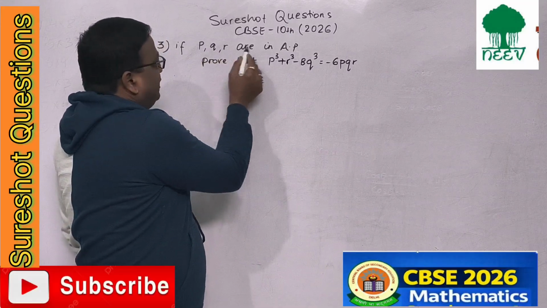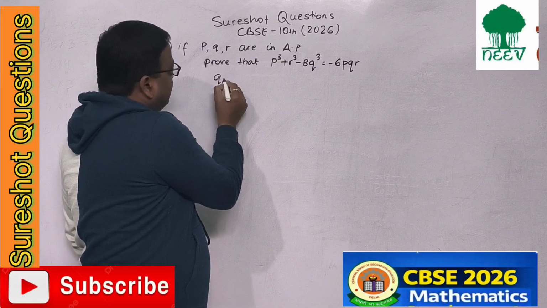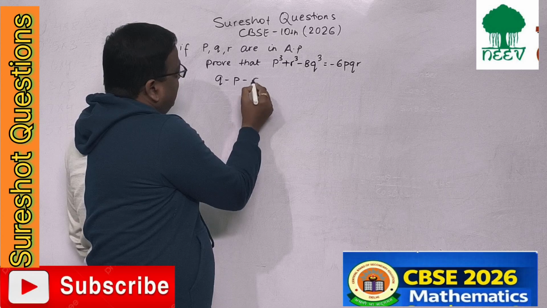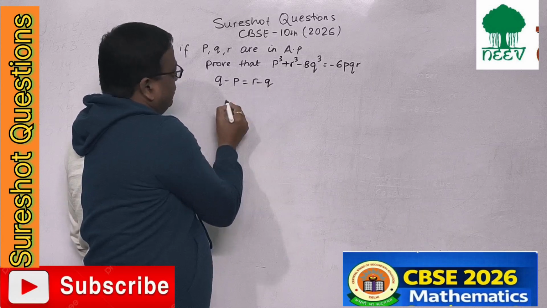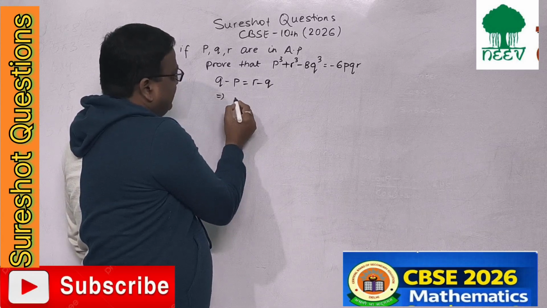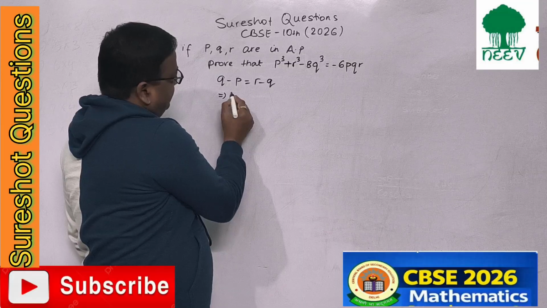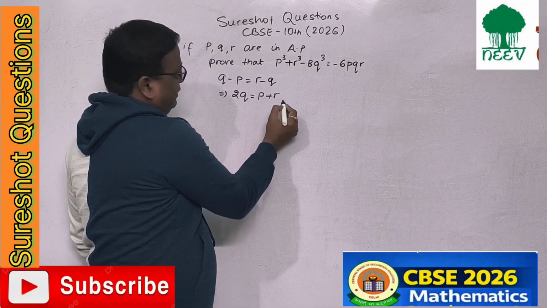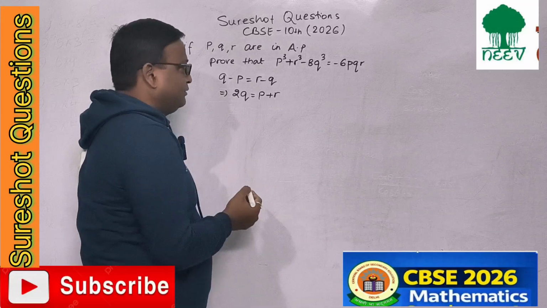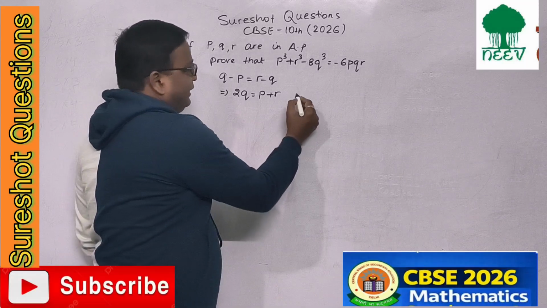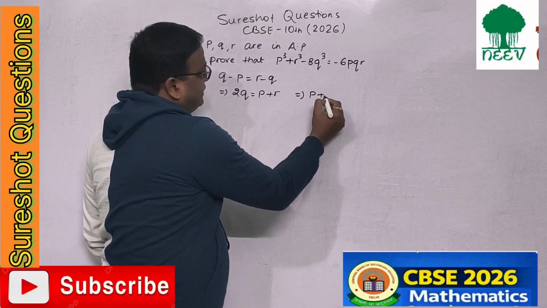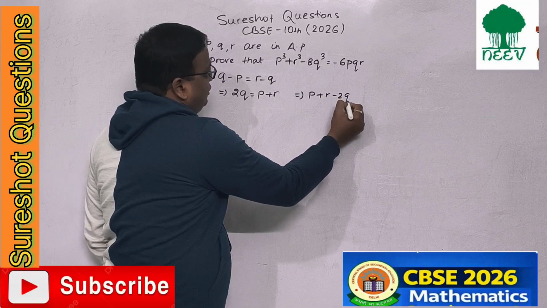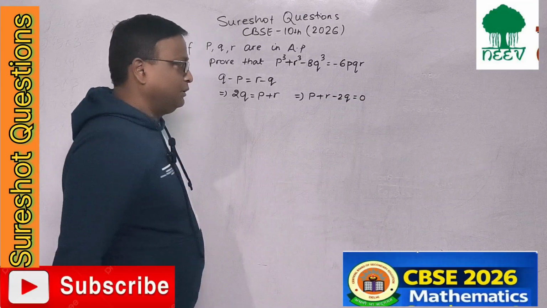If P, Q, R are in AP, we know that Q minus P is equal to R minus Q. This implies we get 2Q is equal to P plus R. This is the equation that we get from the given condition. We can write as P plus R minus 2Q is equal to 0.